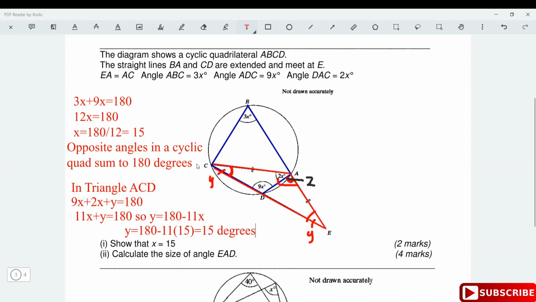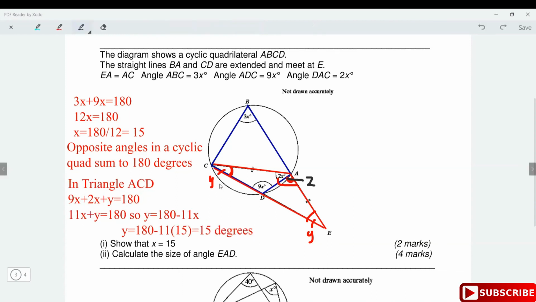Now, since y is 15 degrees, this right here is 15, then this right here is also 15. We're good now.